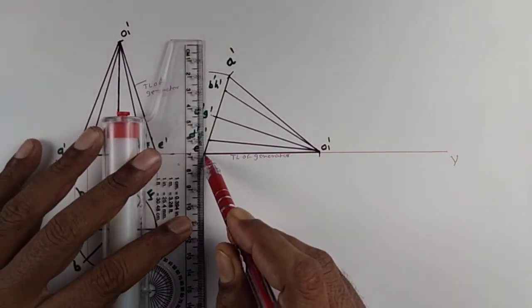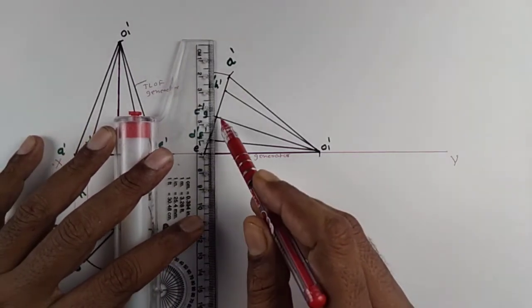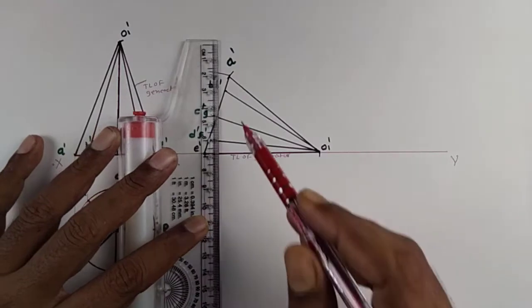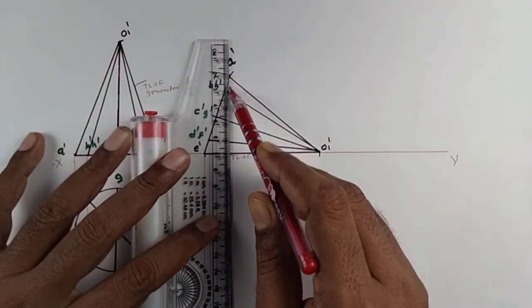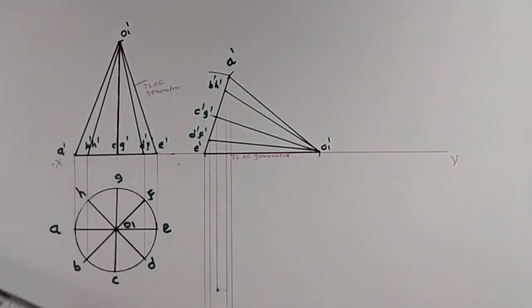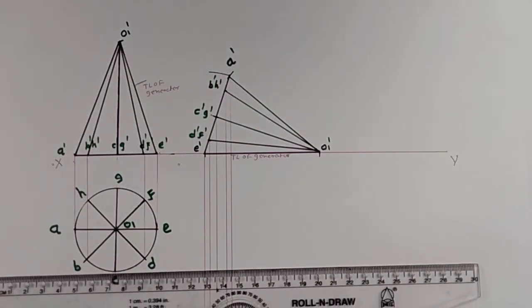There is a projection from E, this projection from B, this from C dash G dash, this from B dash H dash, and this from A dash. Similarly, you can take the horizontal projections from the previous plan.